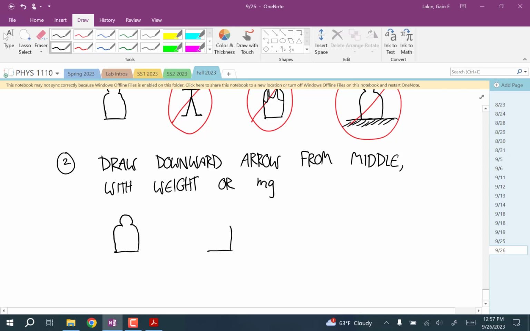So you can do it either of these two ways. We know the weight force because we've been dealing with this for a couple example problems. So it's a downward force of 981. Or you could also write a downward force mg.